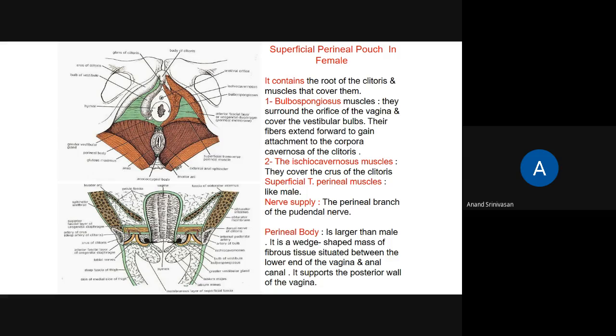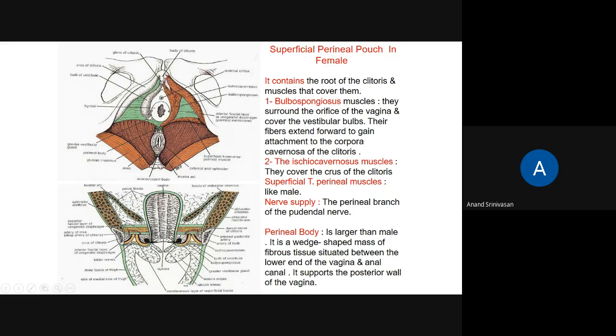Now let's see the superficial perineal pouch in case of females. What are the structures? Here you are able to see the bulb of the vestibule, which is covered by a muscle, the bulbospongiosus, and the clitoris, which is similar to the corpus penis.